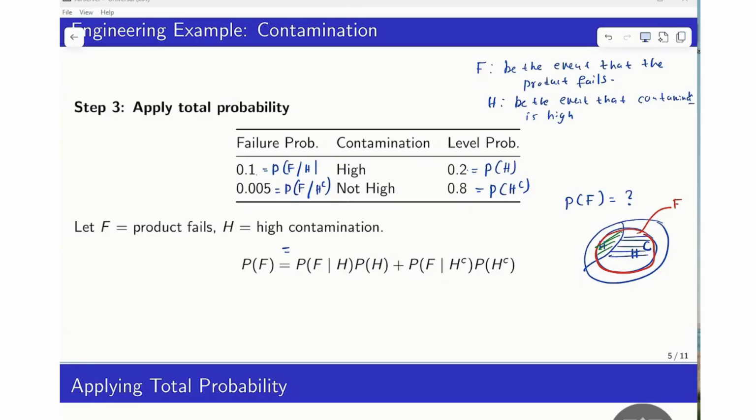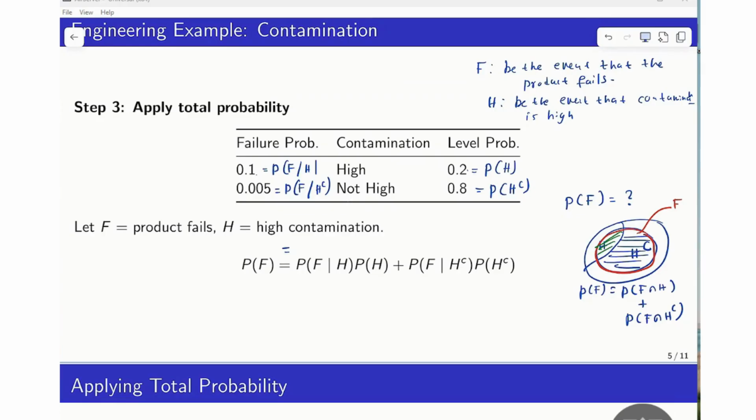So we can write the probability of F intersect H plus the probability of F intersect H complement. So then these two we have to express as a conditional probability.